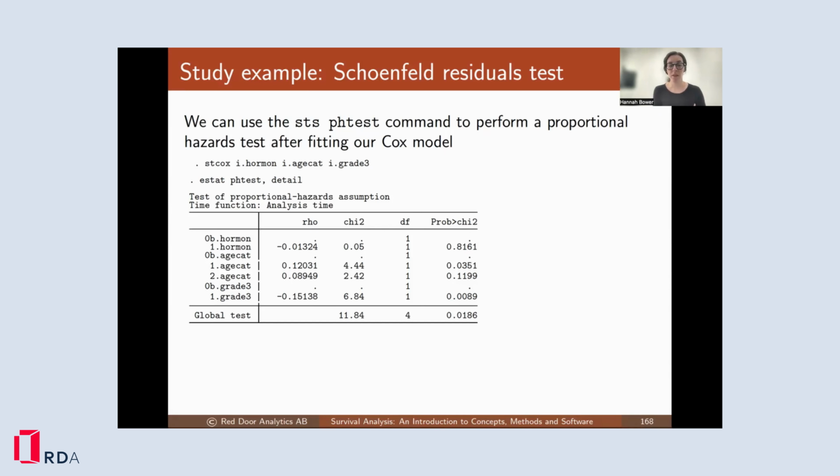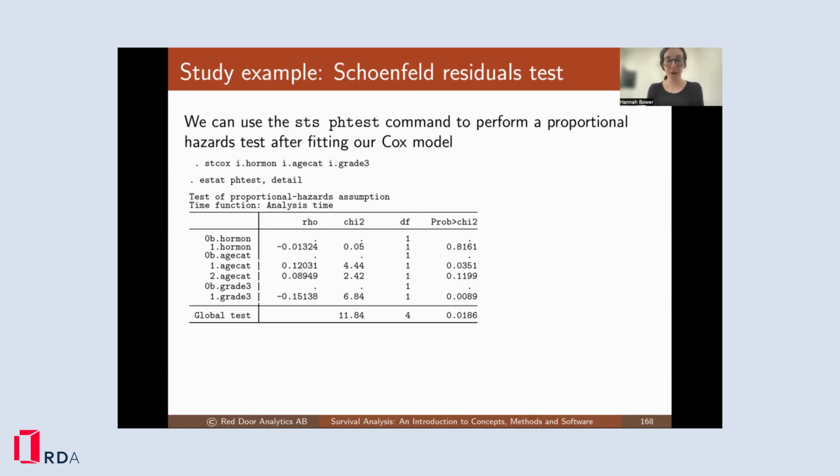We want to deal with them together. So we can't separate out the different ages, or we don't want to in this model. So what we would conclude from this is that we may have a problem with the proportional hazards assumption from the age category, but it may be limited to one of the age categories.